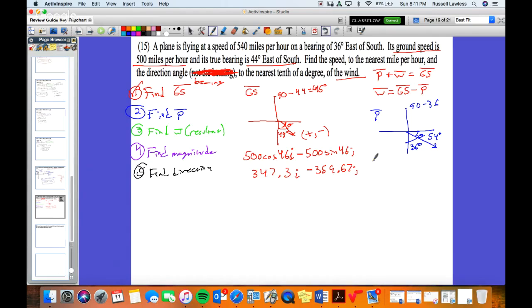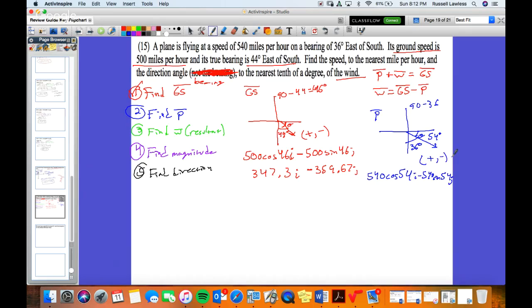And so we'll do actually the 54, not 54. We'll do 540 cosine of 54 i minus 540 sine of 54 j. When you calculate that, again, it's minus because in quadrant 4 we have a positive then a negative value.